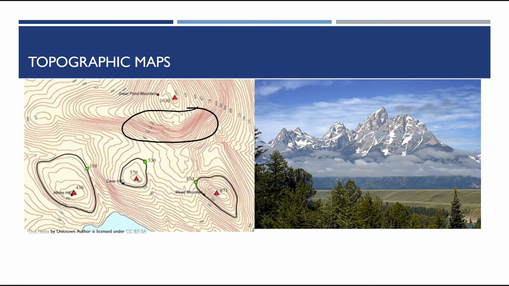So here I have a picture of my beautiful mountains, the Grand Tetons, and you can see here that right here is extremely steep, and if you've hiked that, you'd definitely be able to attest to that. But that would be represented by these super close lines here, showing a great change in elevation. Whereas this place down here, where it's a little bit of an incline but not so steep, would be represented by these more spread out lines.